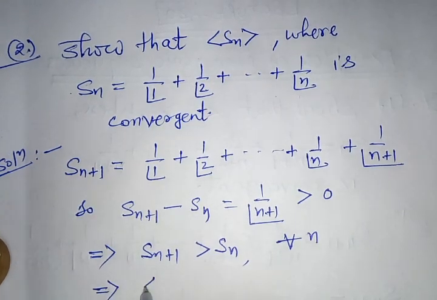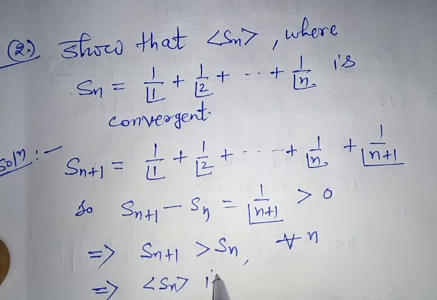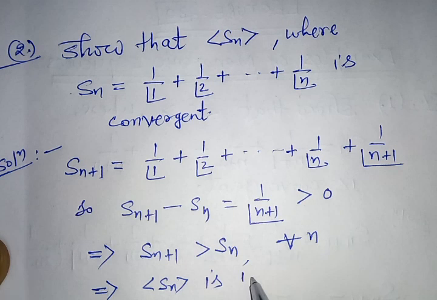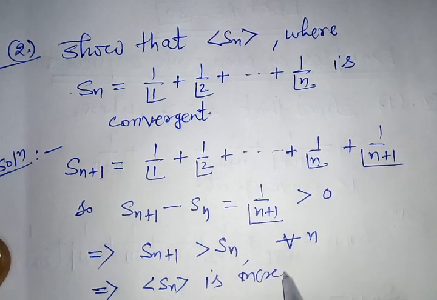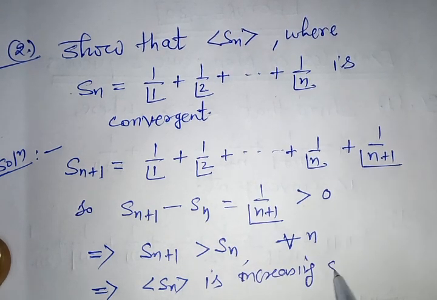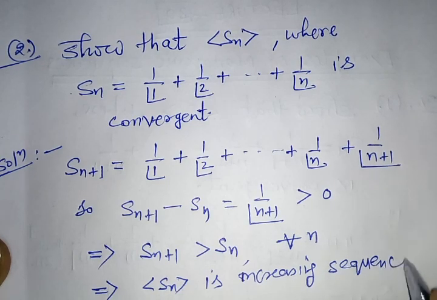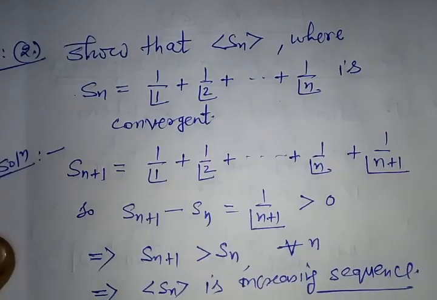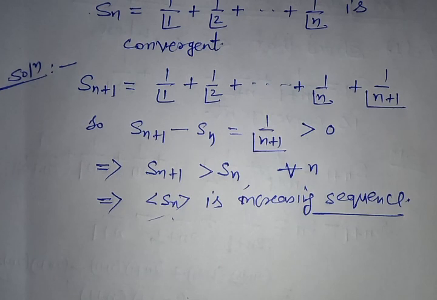This implies the sequence Sn is increasing, monotonically, or we say strictly increasing sequence. Now we will try to find its upper bound. If the upper bound exists, then obviously the sequence will be convergent because it is an increasing sequence.